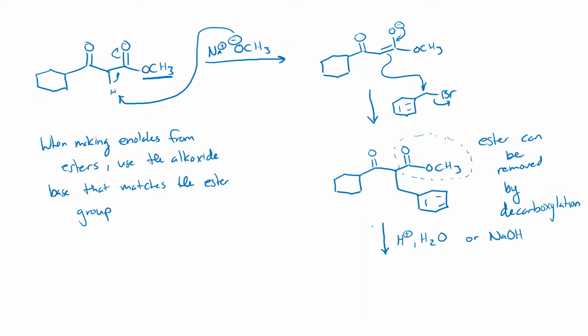Either one, basically you just need to add water, to do a nucleophilic substitution at that carbonyl. I usually prefer to use H plus H2O, because if you use sodium hydroxide, there is an enolate possibility here, and if you use base, you could potentially make the enolate. So I'll almost always use H plus H2O, but you can definitely use sodium hydroxide and it would probably work just fine.